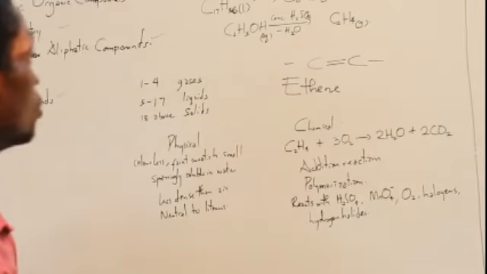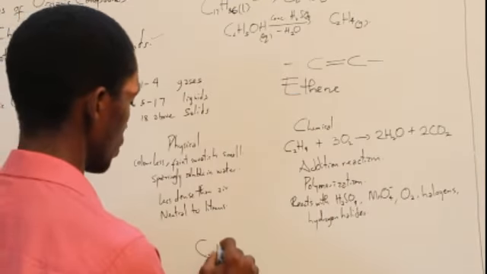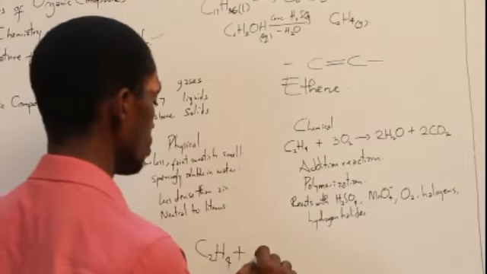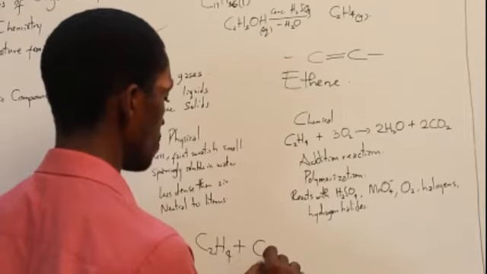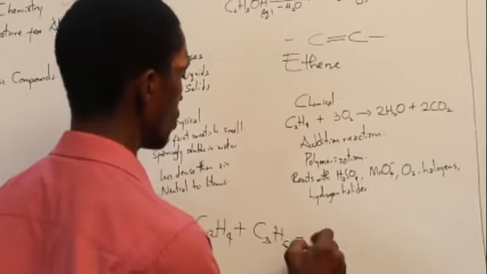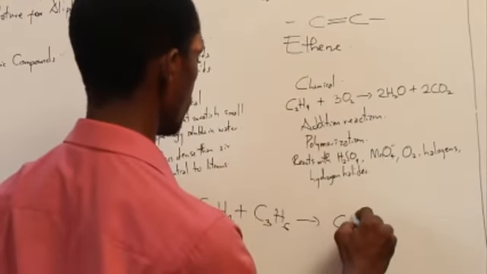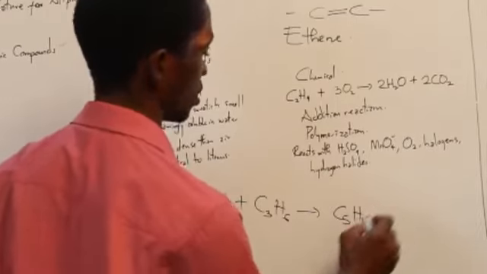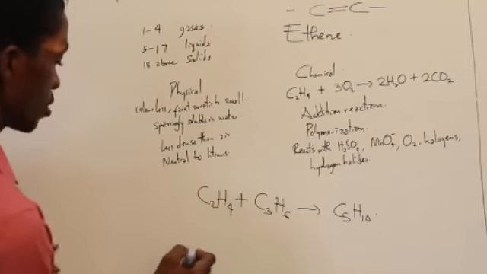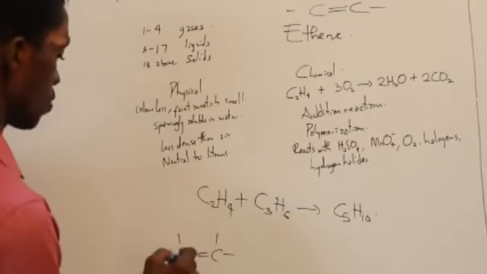For example, you have your ethene coming to react with maybe propene, and then they form a bigger structure of C5H10. Now, for this reaction to occur, this one comes with C double bond C and the rest is occupied.